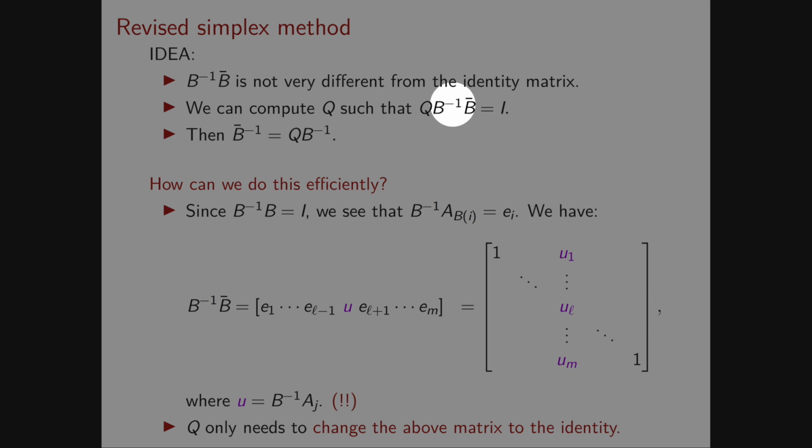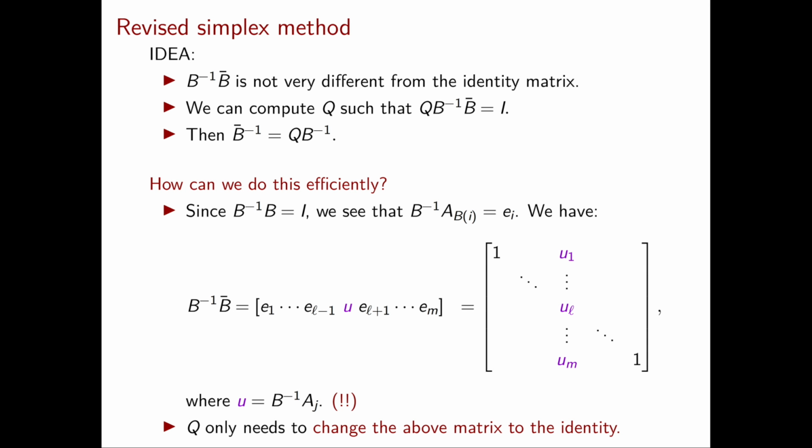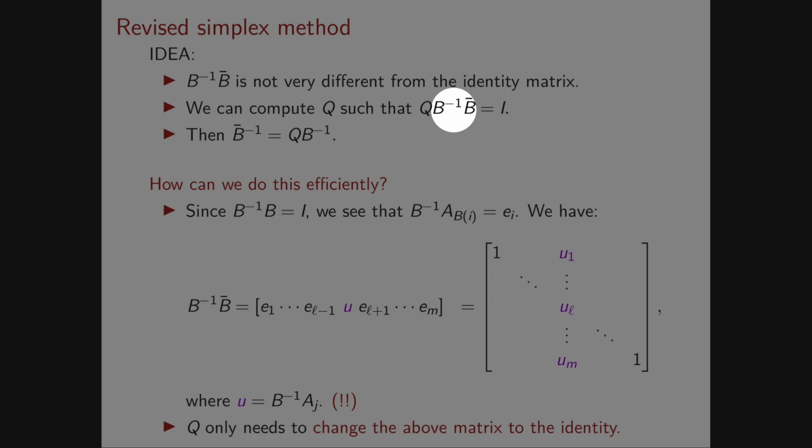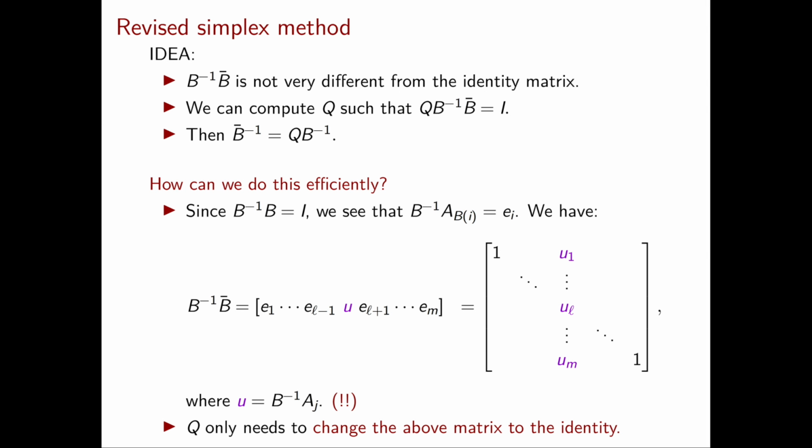Now, since this product is not very different from the identity, we can compute a new matrix that we're going to call Q, such that Q times the product B inverse B bar is equal to the identity. And once we've done this, we're done, because then Q B inverse will be the inverse of B bar. So this is the roadmap that we're going to follow to compute B bar inverse efficiently.